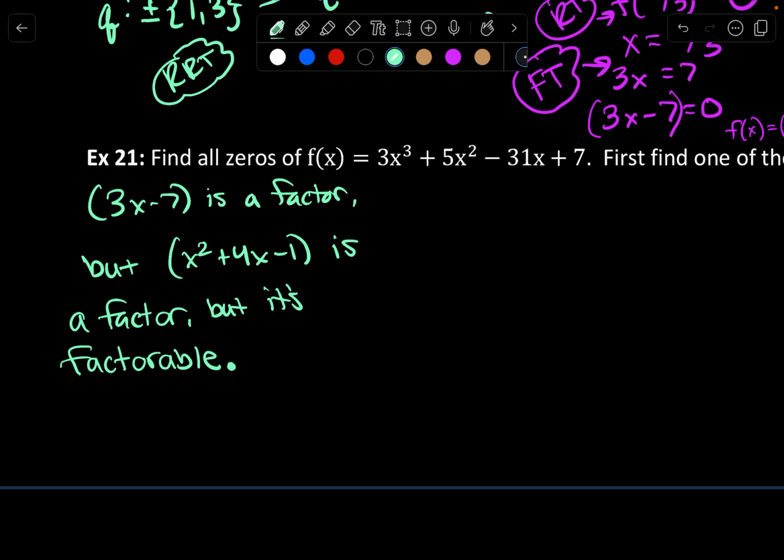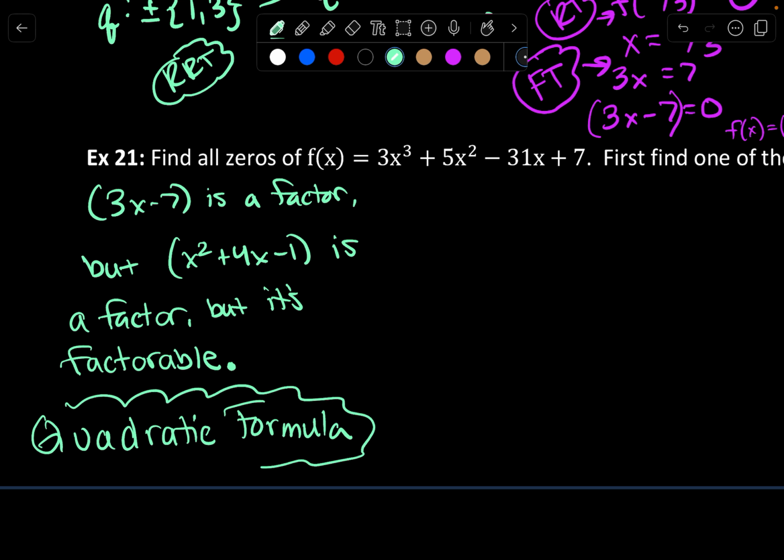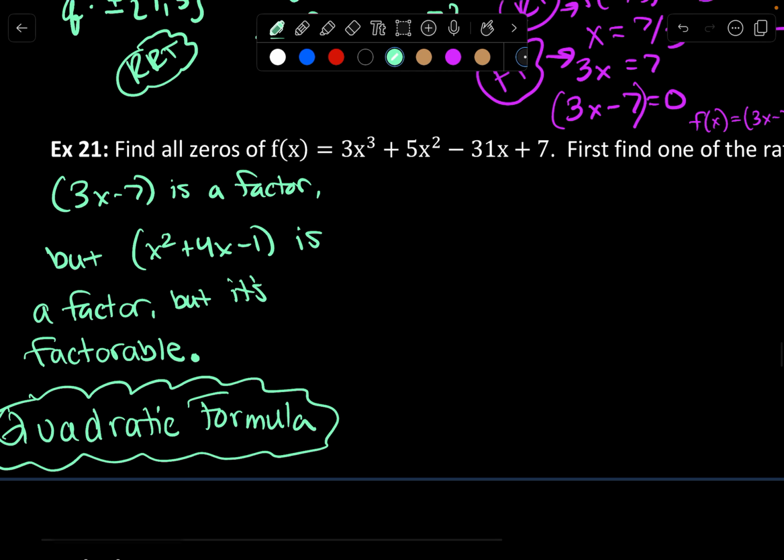So that means we need to use the quadratic formula. And you do not get a formula sheet for this class, so you do need to remember your quadratic formula. It'll be x equals negative b plus or minus the square root of b squared minus 4ac all over 2a.